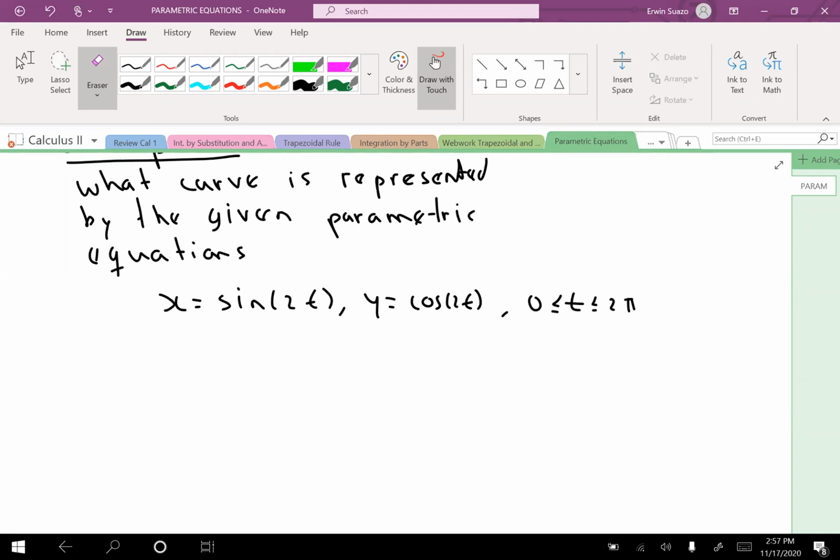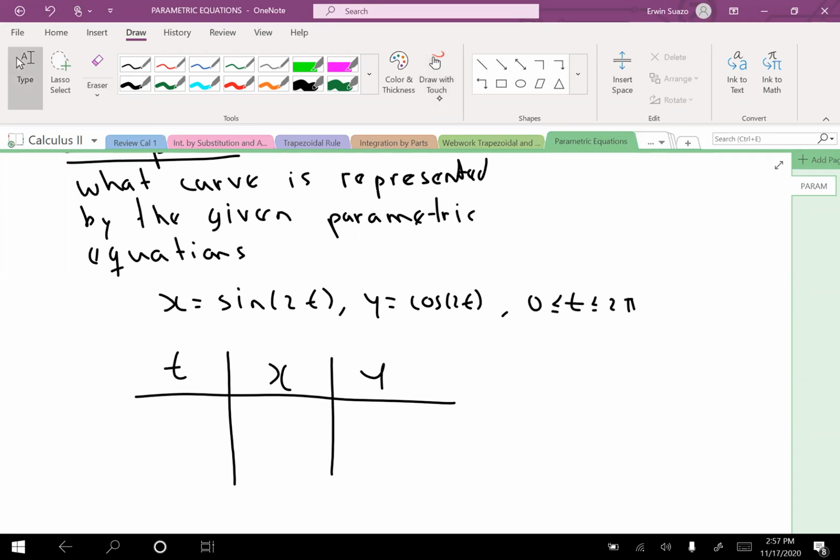We do t, x, and y. So we do the same. We know exactly what it is because we just graphed it, right? So it's x equals sine 2t, y equals cosine 2t. It should look very similar or basically the same, but for some reason I have a 2 over here and a 2 over here.